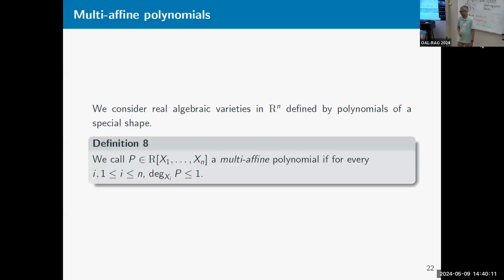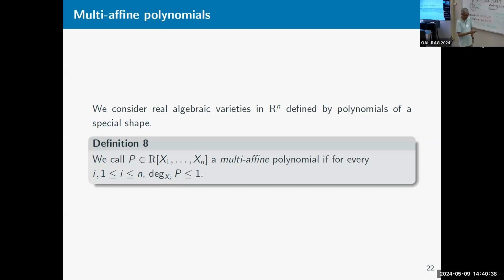Okay, so maybe I skip to the next part, which might look very unrelated, but it is related. This is work with Daniel Perrucci, who's in Paris. And we are now looking at a very special case, forget symmetry for the moment. So we are looking at polynomials which are multi-affine, meaning that they are linear combinations of square-free monomials.